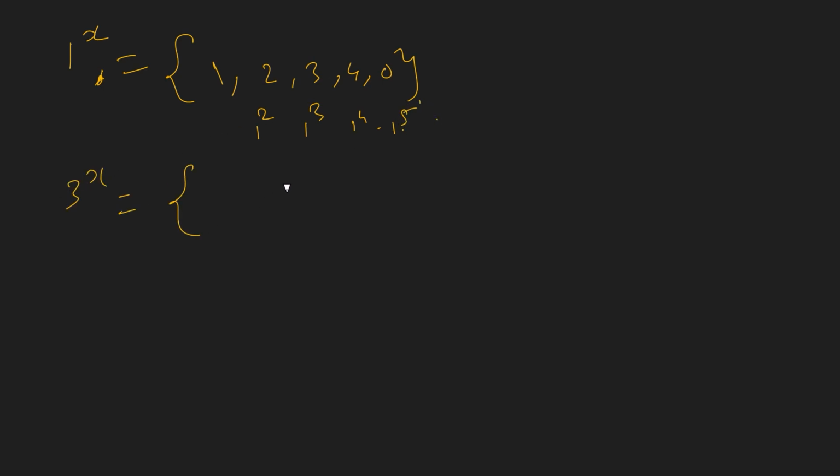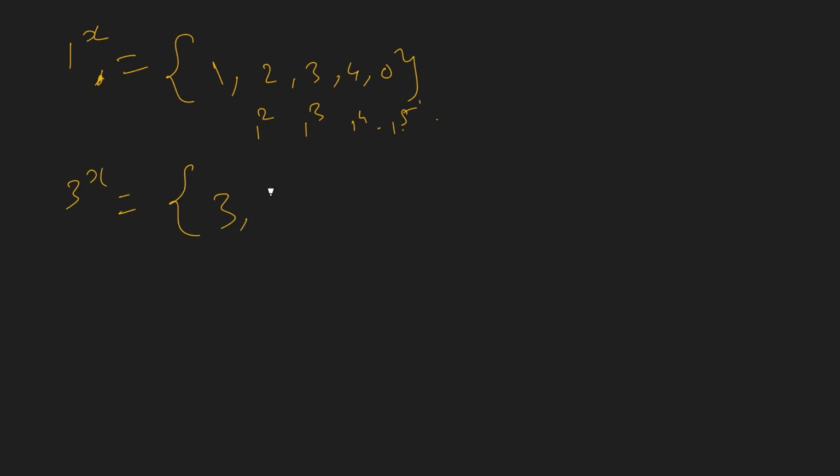Okay, let's try to do it for 1. So for 1 also, I'm denoting this set 1 power x. So this will be 1, which is 1 power 1, and this is 2, 3, 4, 0. So this will be 1 power 2, this is 1 power 3, and 1 power 4, and so on. Right, this is 1 power 5. Similarly, you can verify that 3 to the power x, so 3 also generates the entire set.